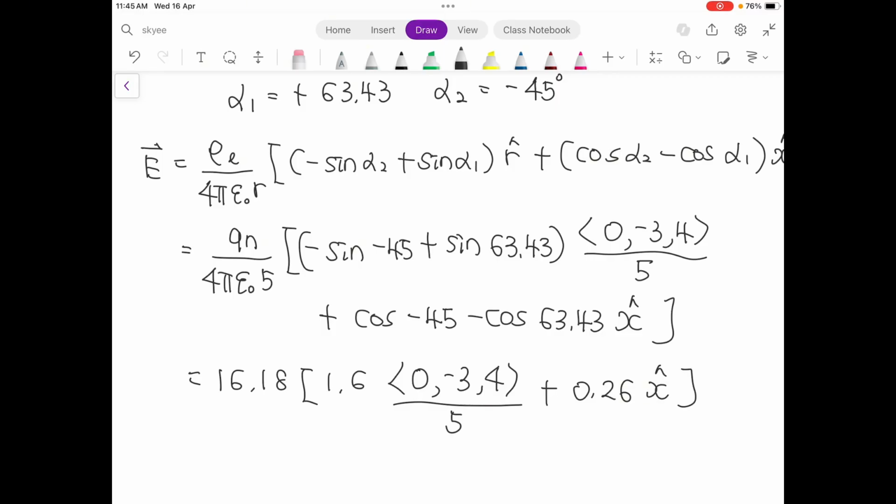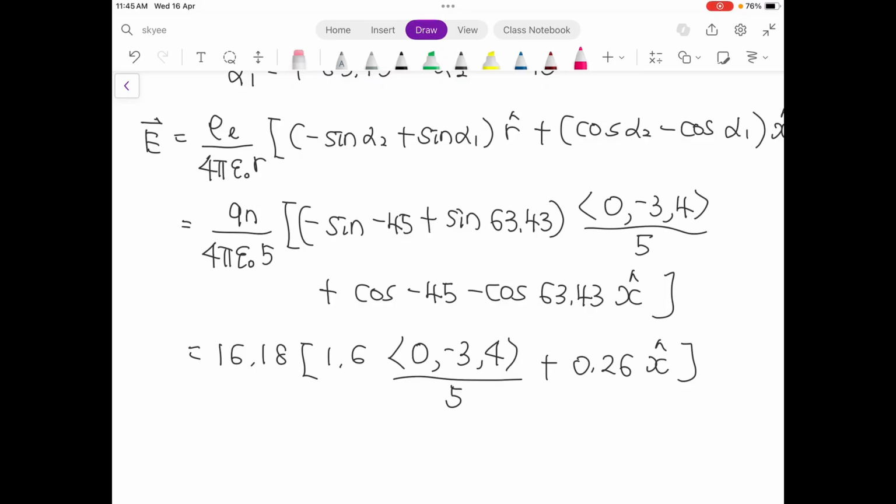Now I'm going to multiply this, and consider this also, and multiply it for every term because x, y, z are vectors.